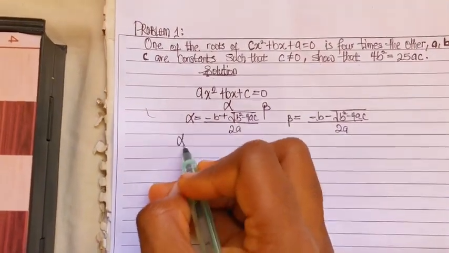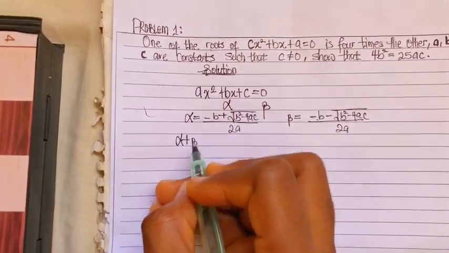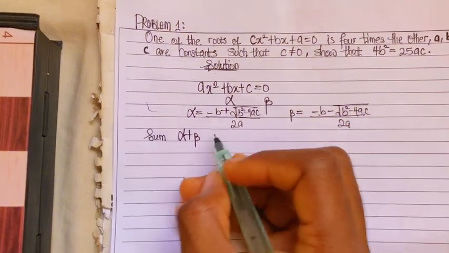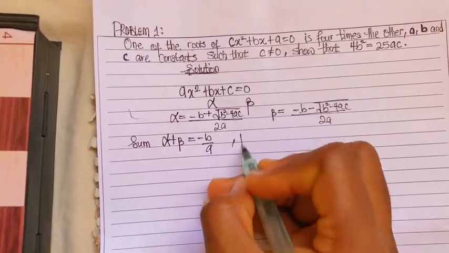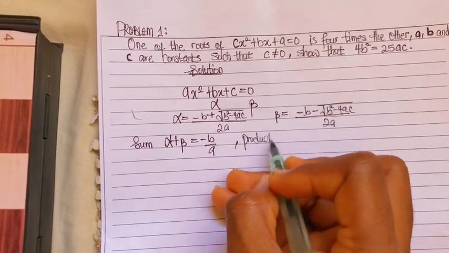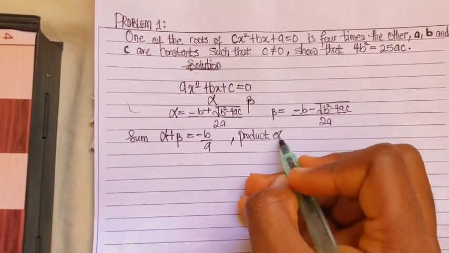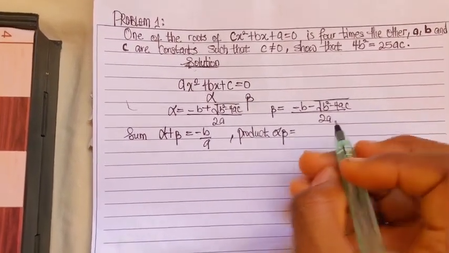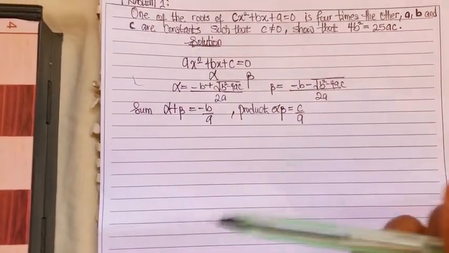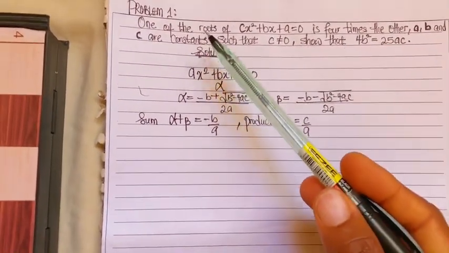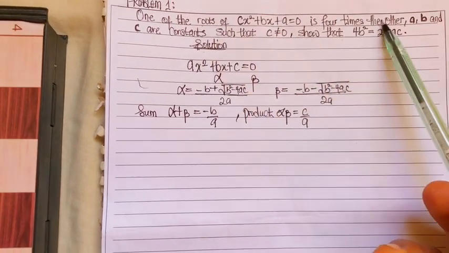When we solved for the sum, alpha plus beta, we had minus b over a, and for the product, alpha beta, we had c over a. In this case, we're given that one of the roots is 4 times the other.